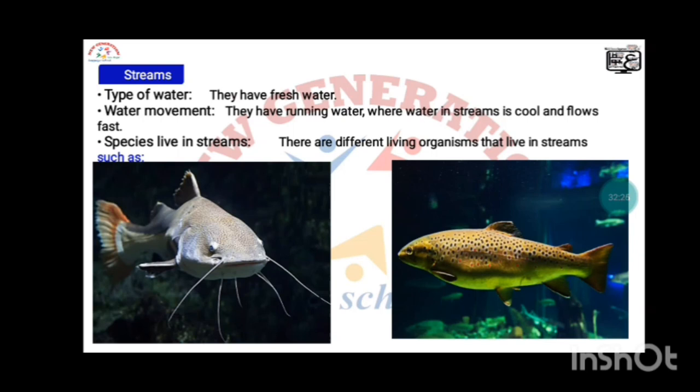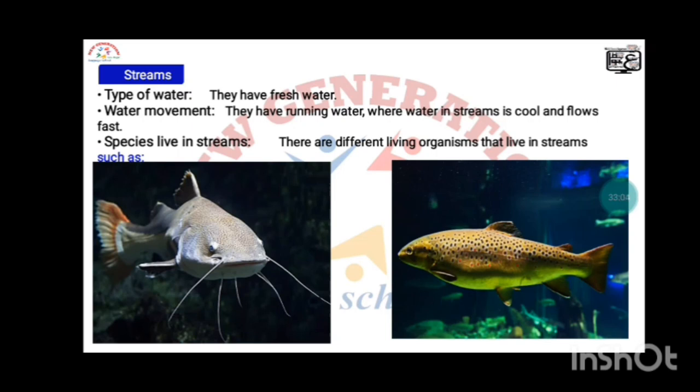And now streams. We said a stream is a small body of flowing water, or running water. The type of water is fresh.